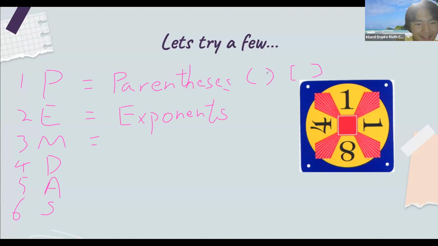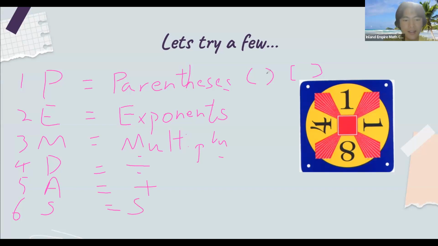Right, that's right, Loy. Multiply. And then, actually, I'm just going to write the symbols. You've got division, addition, and finally subtraction. So this is always the order that you're going in.